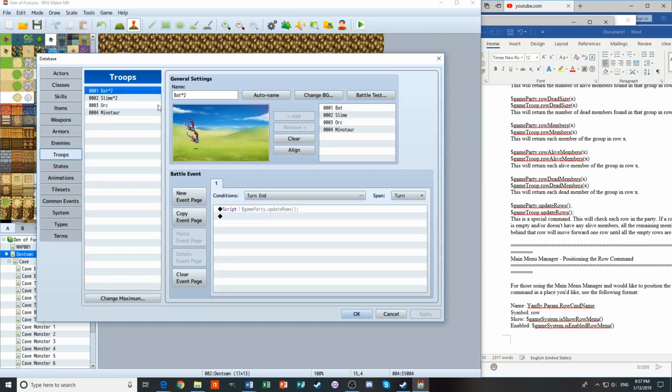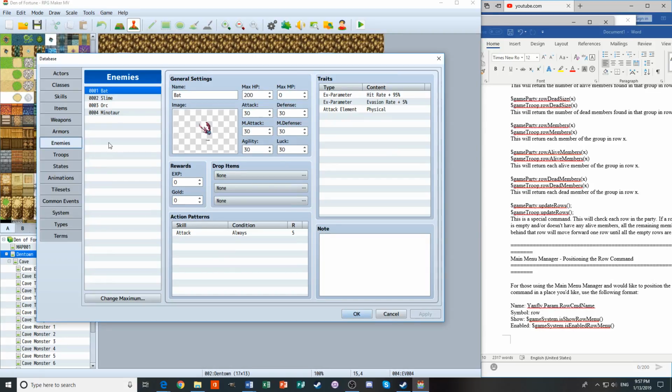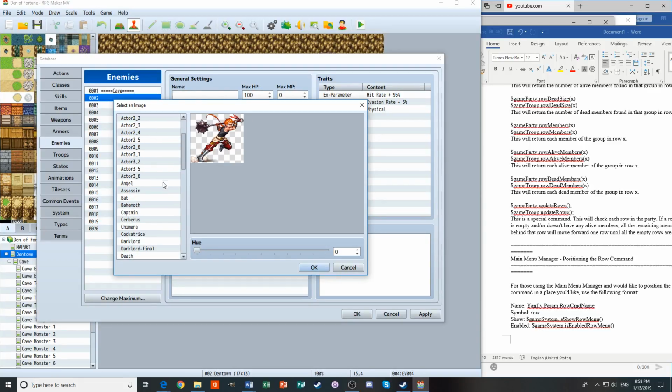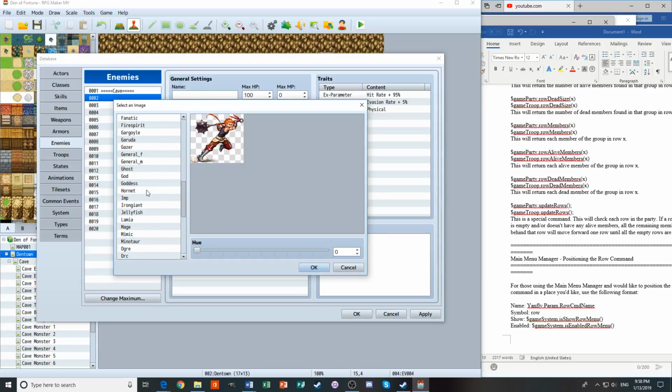Okay, so I guess one more thing that we can do here is I'm going to change the maximum here. So let's say 20. Let's delete all of these. Cave. Oops. There's a title. There is a rat.